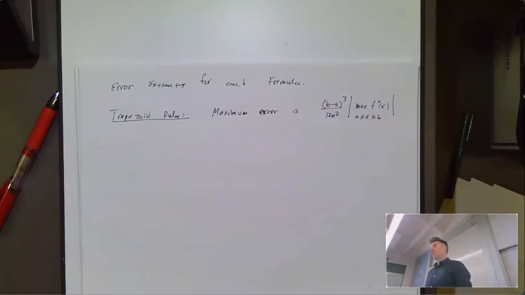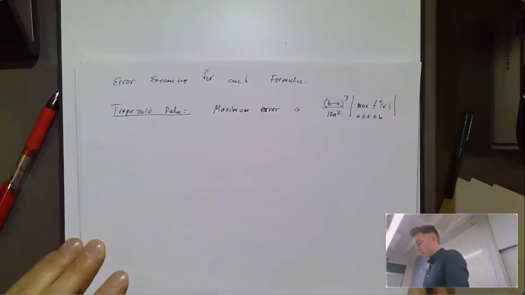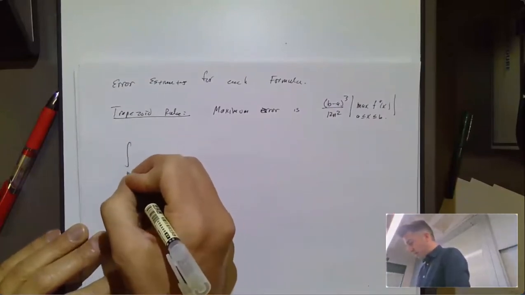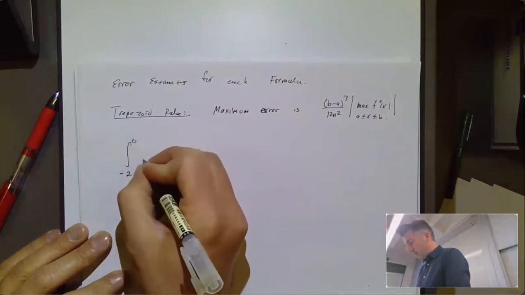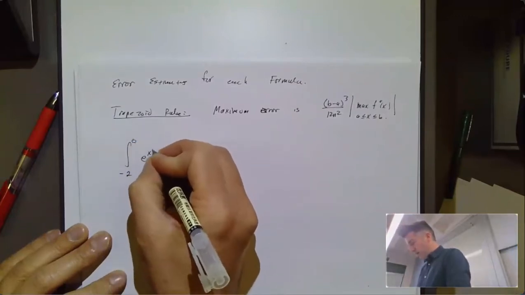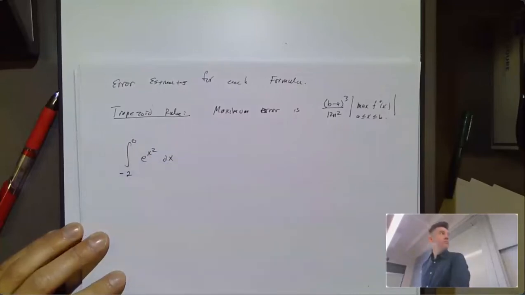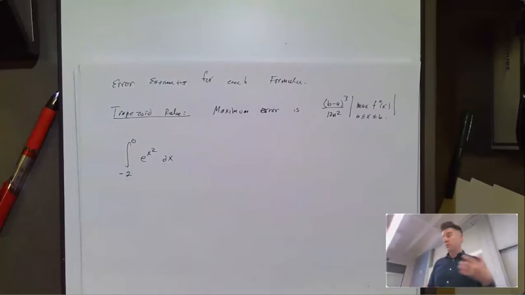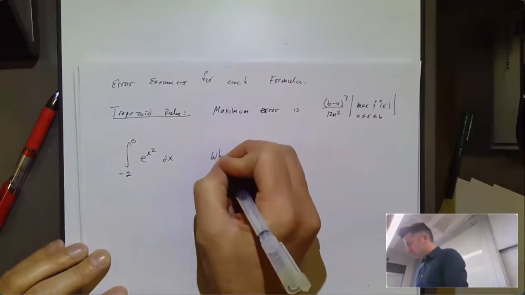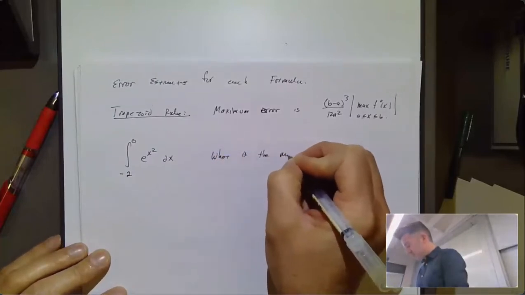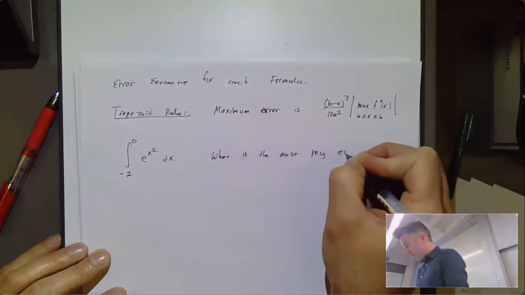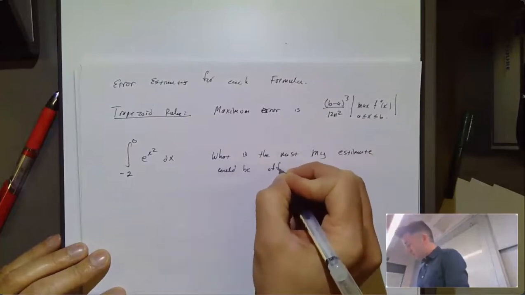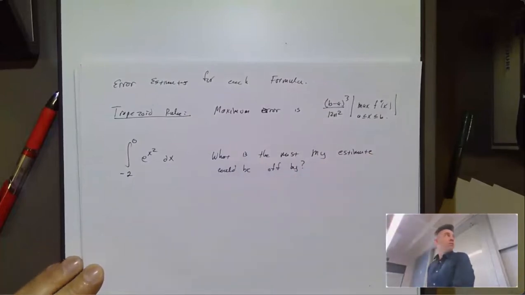So let's look at an example. Let's say I'm going to estimate this integral, the integral from -2 to 0 of e to the x squared. After I do the estimate, which I'm not actually going to do, I want to know what is the most my estimate could be off by? All right.